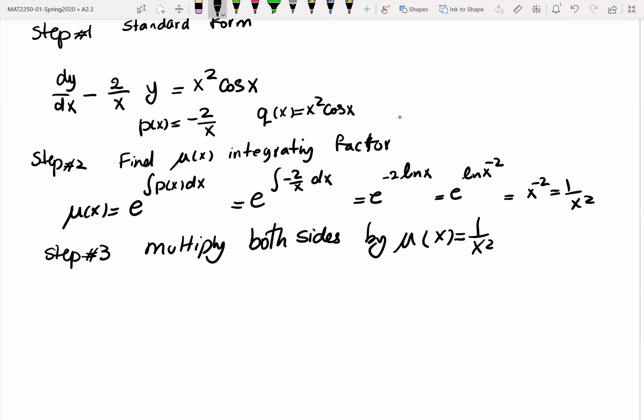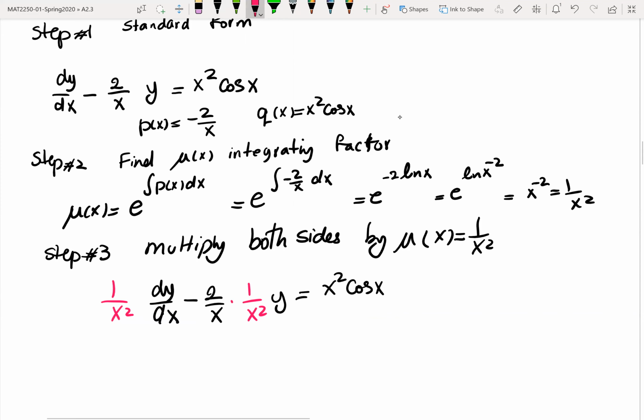This is going to be 1 over x squared times dy divided by dx, then minus 2 over x, times the integrating factor, times y, and then x squared cosine of x times the integrating factor.